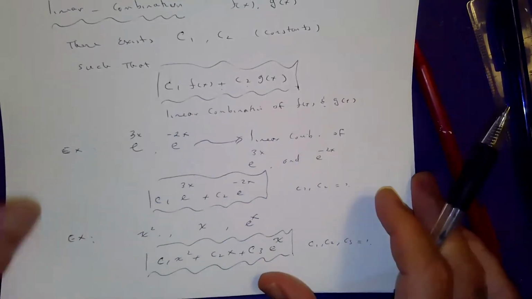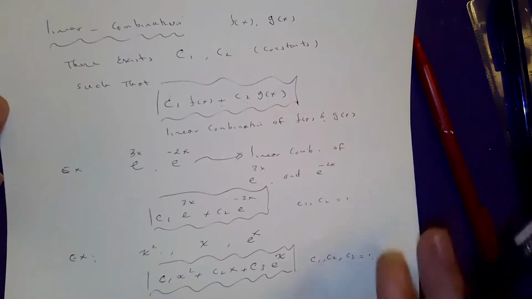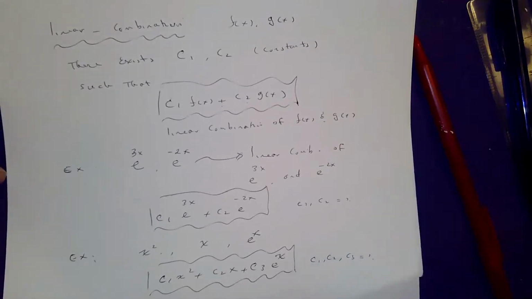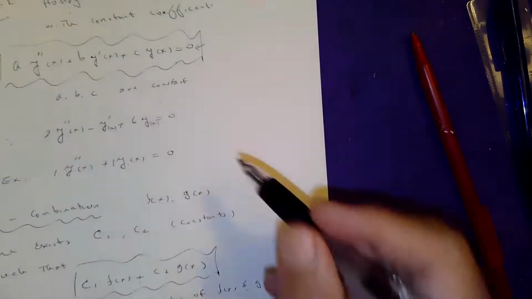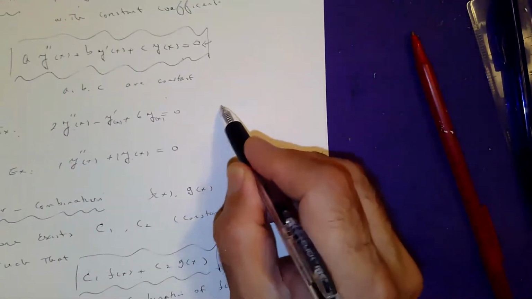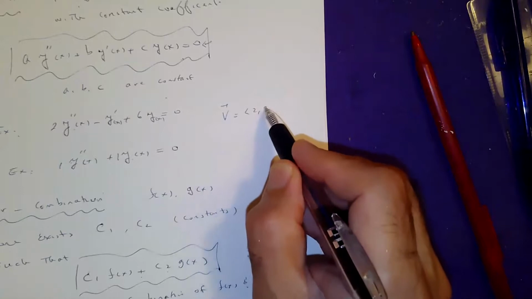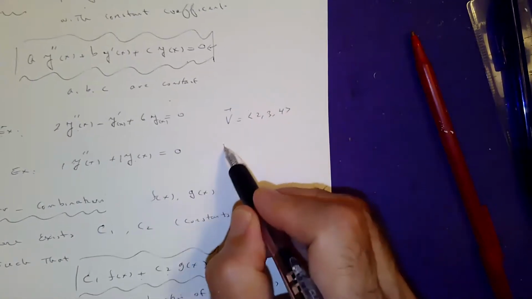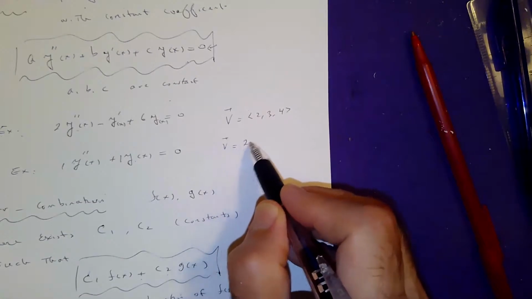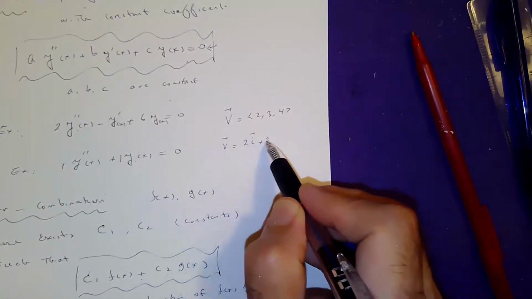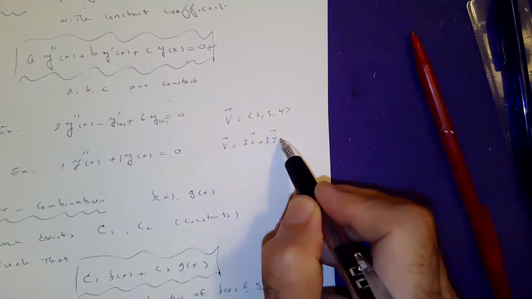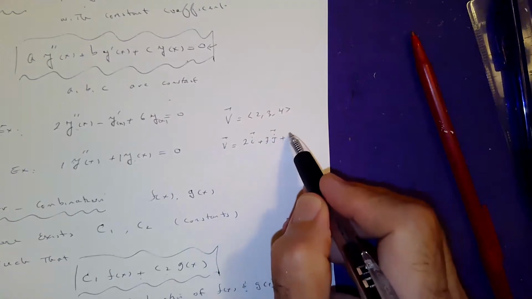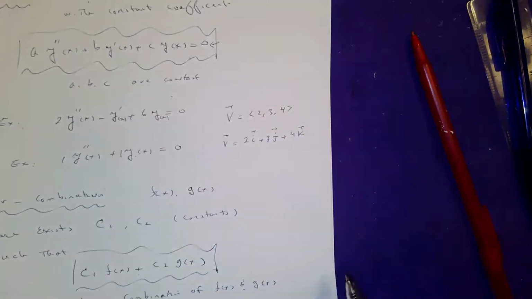This idea also applies to vectors. If you have vectors in 3 dimensions, then you can take their linear combination. Those of you who had multivariable calculus, remember one way to show the vector was this. The other way was to write it as a linear combination of the 3 unit vectors called i, j, k.